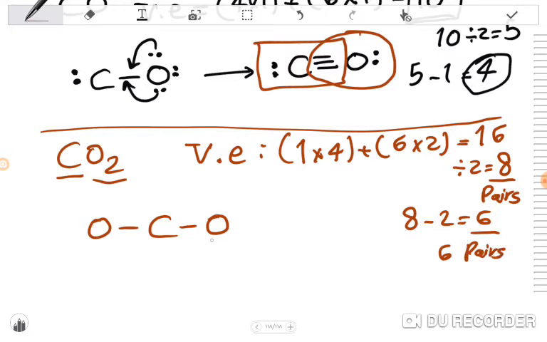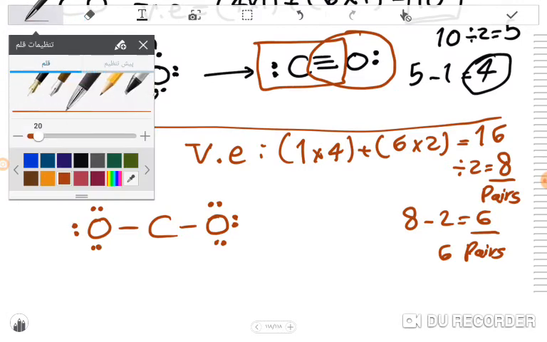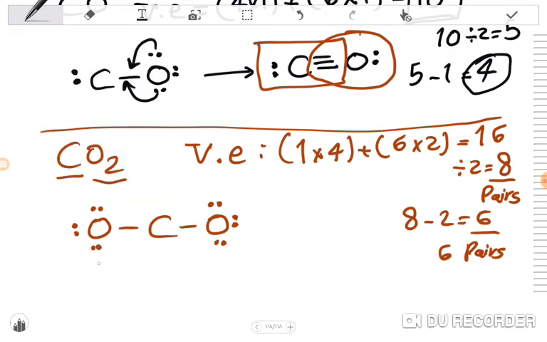Divide them between the side atoms, not the central atom. Okay? Here. 1, 2, 3, 4, 5, 6, 7, 8 is 8.